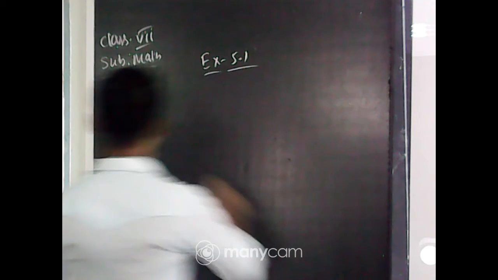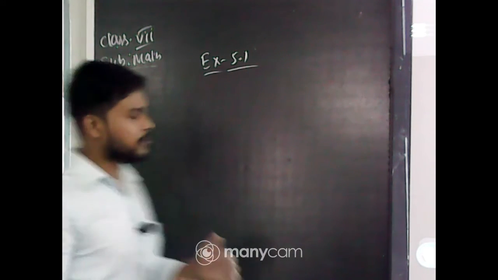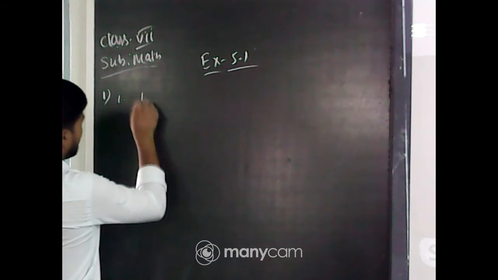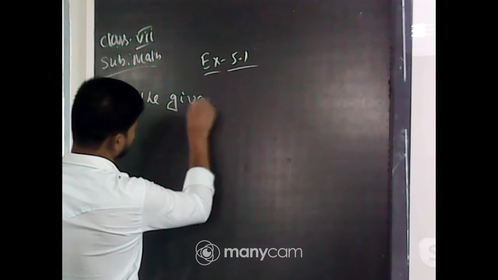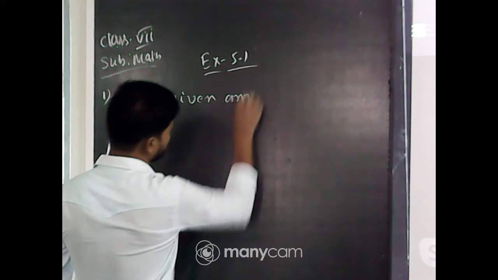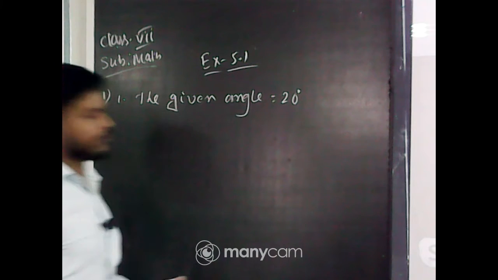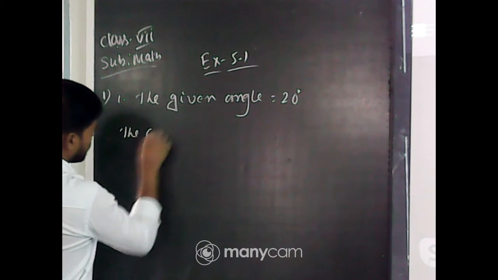One angle is given as 20 degrees. We have to find its complementary angle. So how do we find its complement angle?